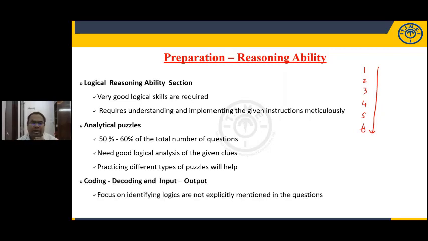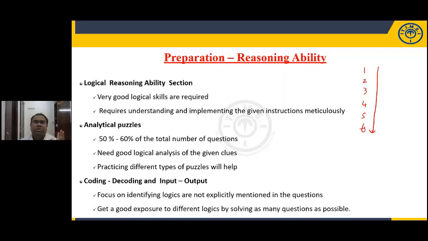Coding, decoding, and input output: the logic given, step 1, step 2, whatever is given explicitly, you can easily read and solve. But the inherent logic, which is not stated explicitly, which is hidden, you have to identify. How will you get that exposure? You should solve as many questions and question types in coding, decoding as possible, at least the last 2-3 years' papers.